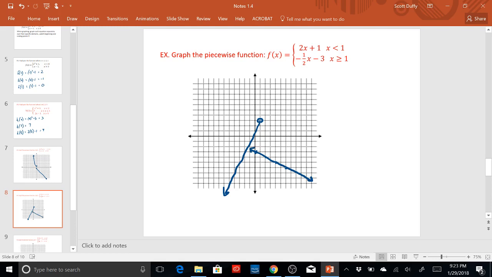But we're only interested in where x is greater than or equal to 1, which would be right there. So everything to the left of it that's less than 1, I don't want, so I have to erase that. We're going to start right where x was 1. I'll put a solid dot there and follow the dots that I already plotted.